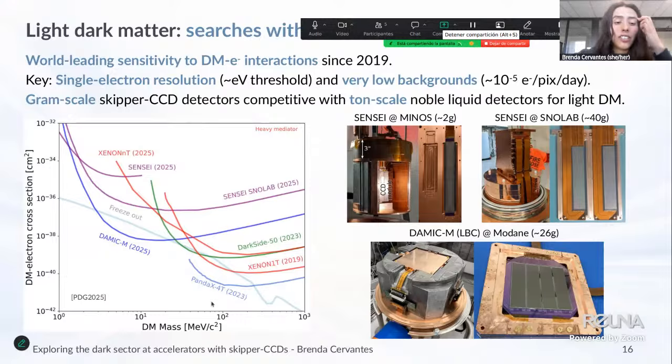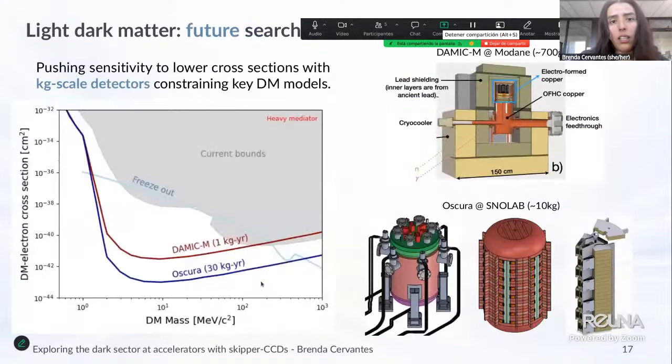These ton scale detectors are huge, and an advantage of the skipper-CCD technology is that it is compact, but what gives it its power is the low threshold and the single electron resolution that can compete with these ton scale detectors.